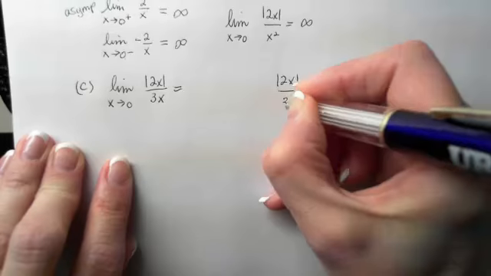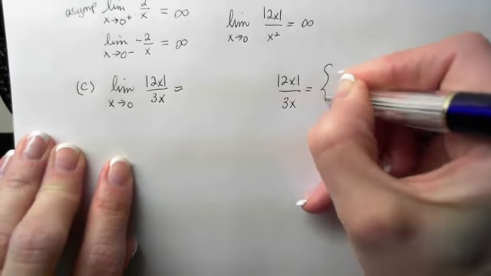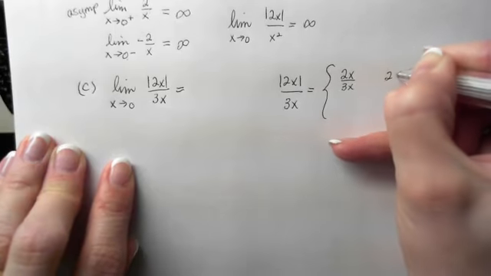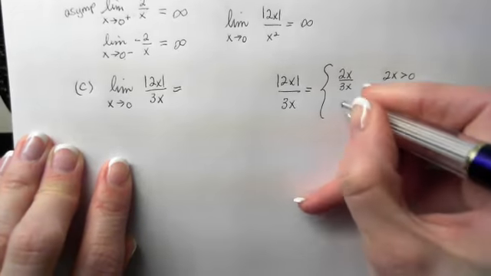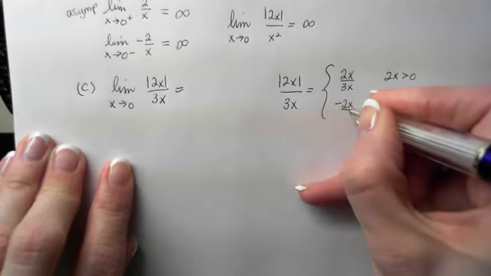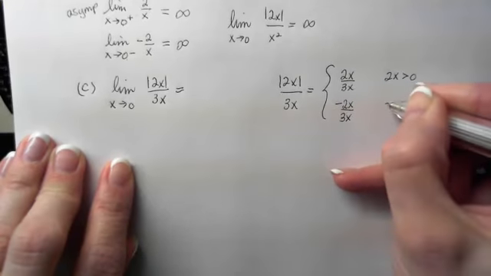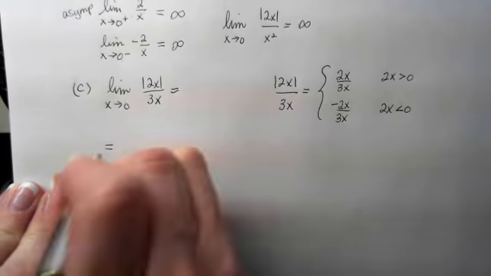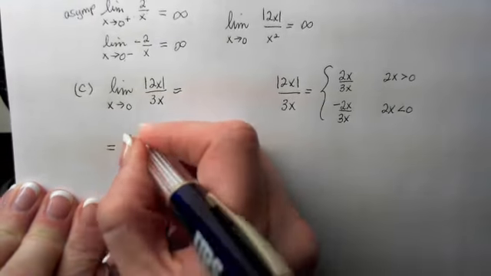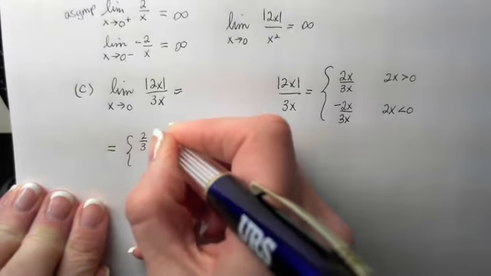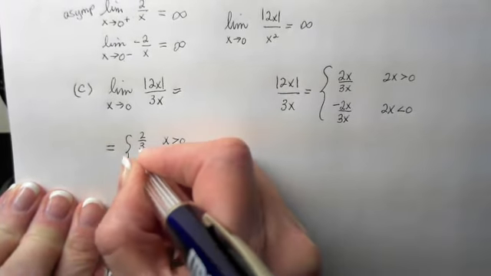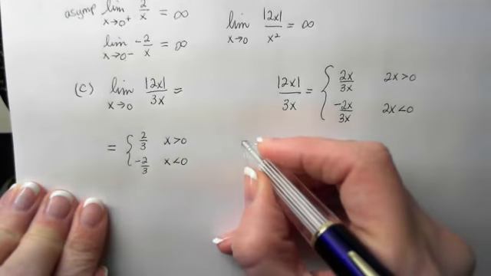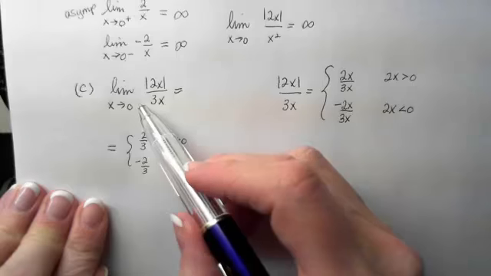We've got a 2x that can be written as the inside left alone, as long as the inside is positive, and the opposite of the inside, as long as the inside is negative. If I simplify that, I end up with a 2/3 when x is positive, and a negative 2/3 when x is negative. Now again, I'm interested in the two-sided limit.